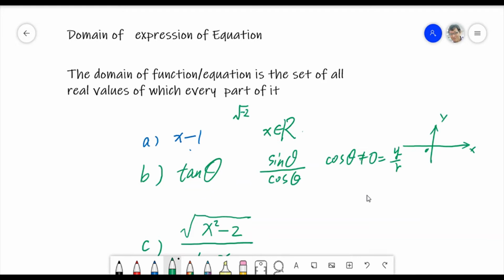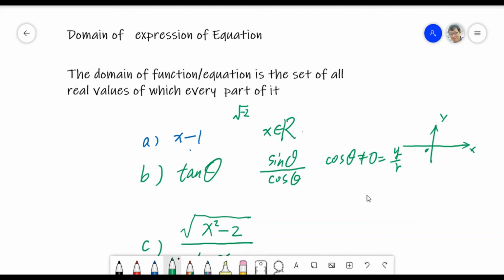R cannot be 0, which means y has to be 0 for the expression, because the denominator r cannot be 0.